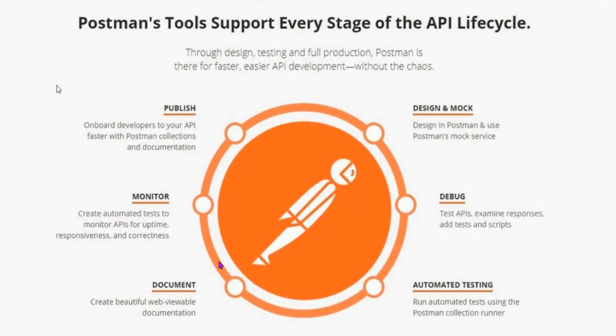Post is to create, get is to read, put is to update, delete is to delete. Postman is an API platform that simplifies every step of an API life cycle, making it easier for developers to build, test, and use APIs.